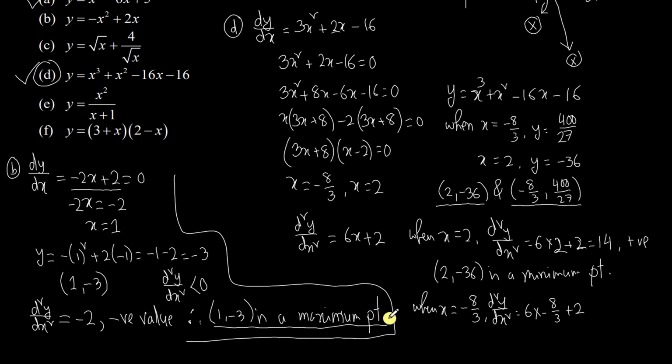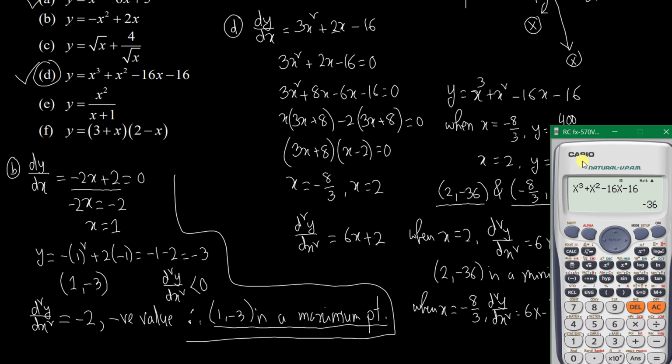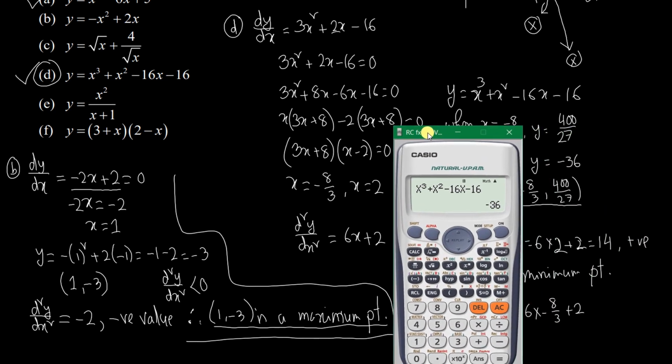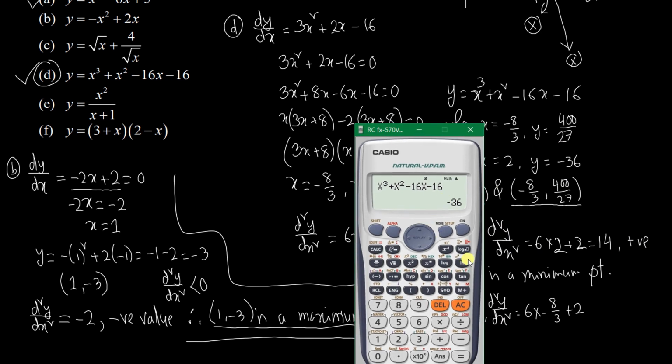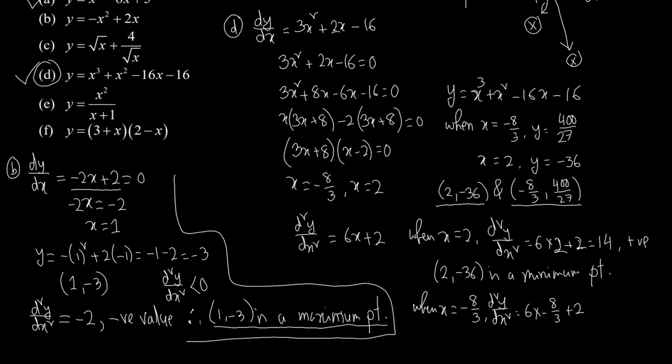We need to use the calculator again: 6 into negative 8 over 3, plus 2, and it gives us minus 14, which is a negative value.